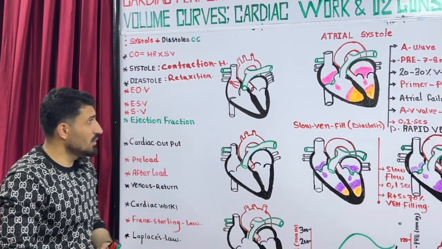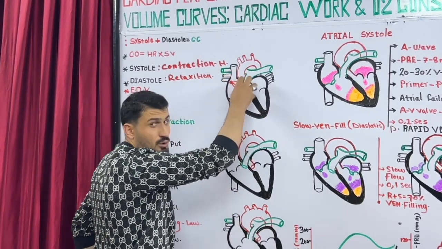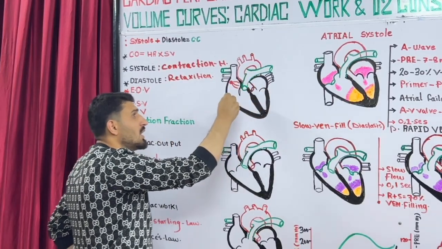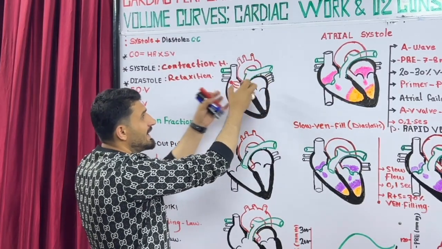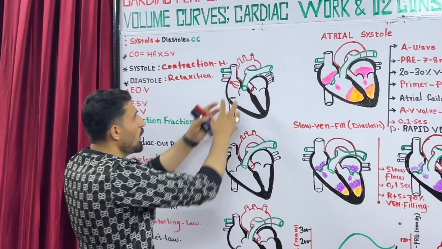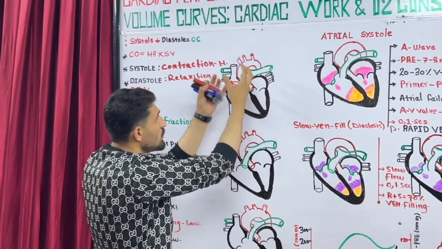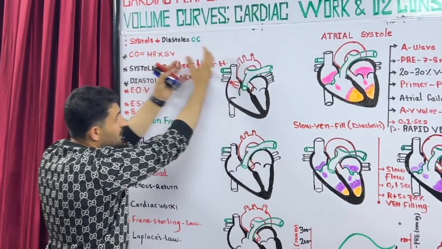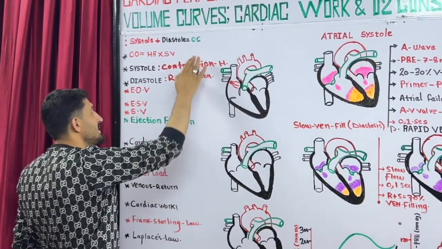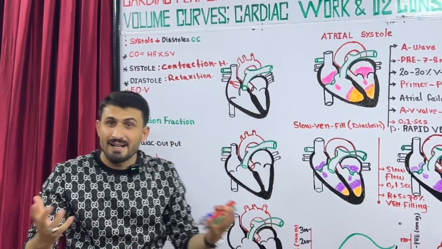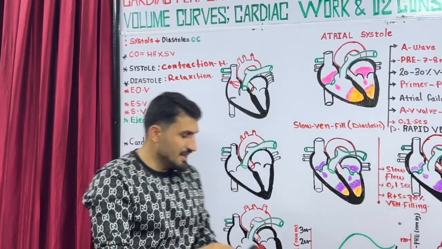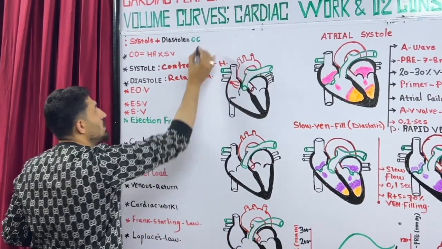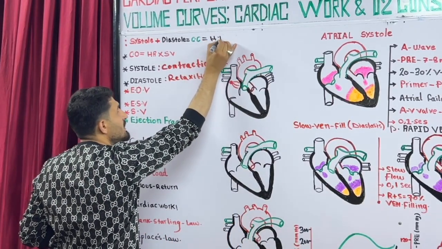Got it? So in one systole plus one diastole, a lot of different mechanical events occur. Collectively, all these mechanical events are called the cardiac cycle. So one cardiac cycle is equal to one heartbeat.